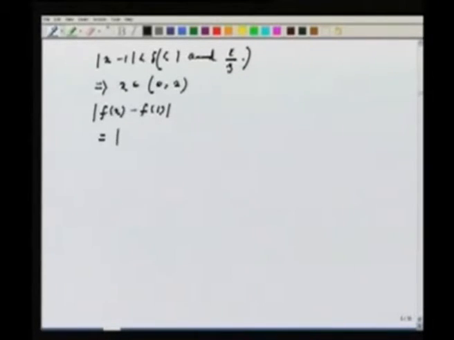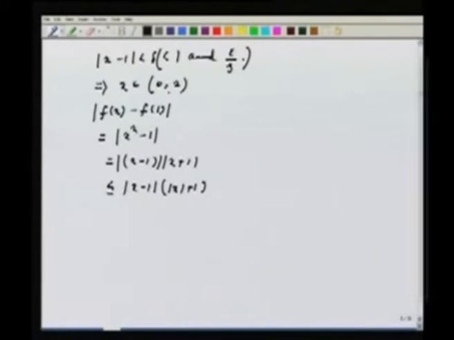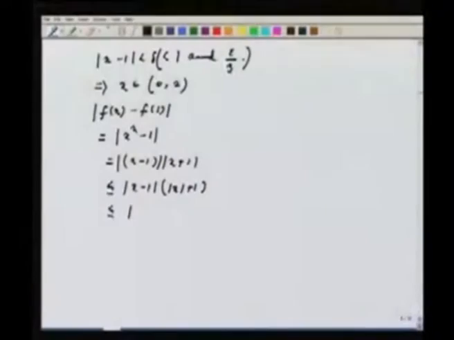Now let's try to estimate fx minus f of 1, which is by definition x square minus 1. I write it as x minus 1 times x plus 1, which is less or equals to mod x minus 1 into mod x plus 1, but mod x is anyway less than or equals to 2, so this is less or equals to mod of x minus 1 into 3.